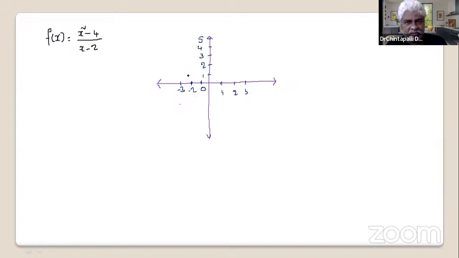See, for x is equal to minus 3, y is equal to negative 1.